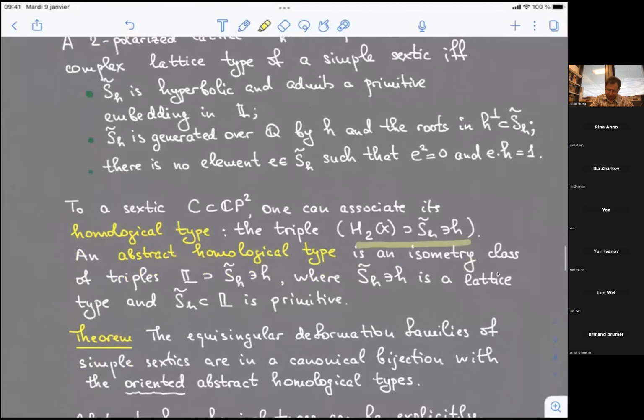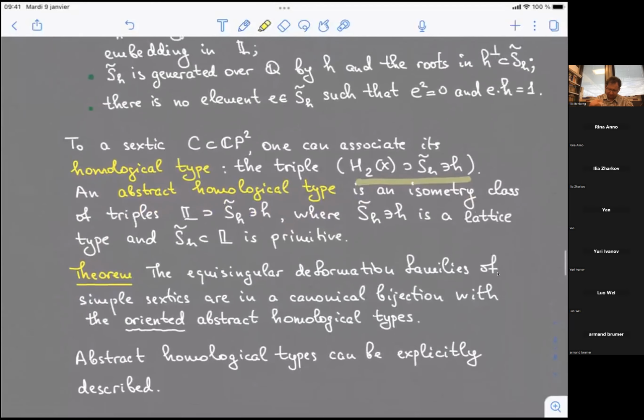Well, so the statement, which is also kind of a standard application of this K3 machinery in the complex case. So I don't even know to whom the statement should be attributed. It was known. It is known. It was used by many people. So the equisingular deformation families of simple sextics are in a canonical bijection with so-called oriented abstract homological types.